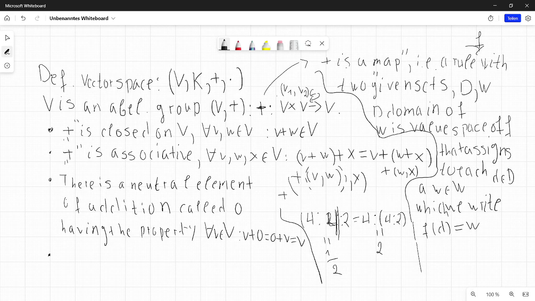And finally, for each element v, there exists, and it is actually unique, by this quantifier with this exclamation mark, which denotes a unique existence. So if this is existence and there is an exclamation mark, that means there exists and it is unique. There exists a unique vector minus v, and again, we just denote it minus v. It's just the notation.